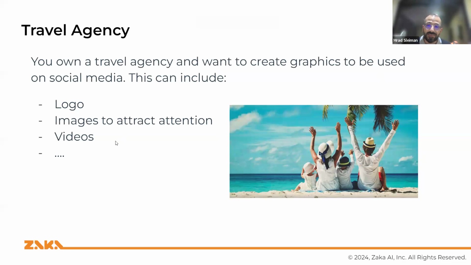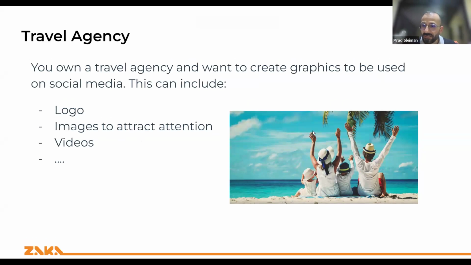Now you can do this on your own. You don't need to hire anyone. You can generate logo, images and videos for this purpose, travel agency. Try to think about this exercise, guys. Try to imagine what you need to do. You have all the tools now.